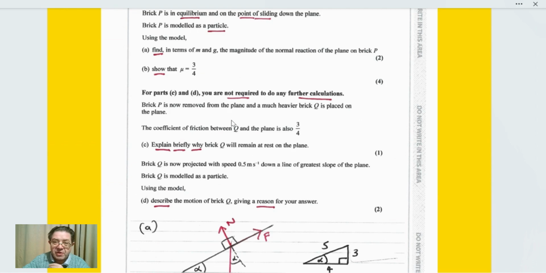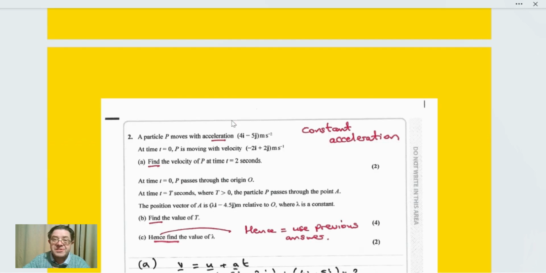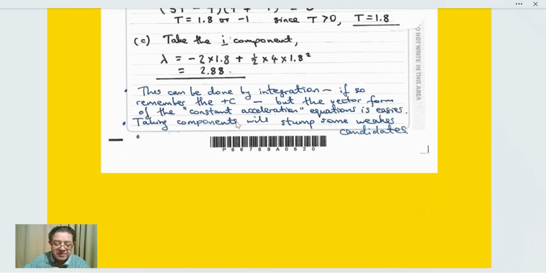In the next lesson, I will go over questions 4 and 5 from this paper, which once again are standard situations which are worth knowing.